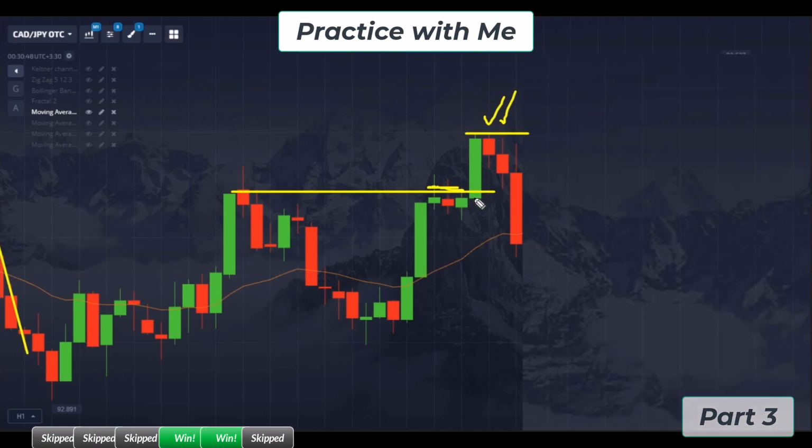So the buyers artificially enter and reach a level where there are a lot of sellers, for the sellers to enter. So there's no excuse for sellers not to enter, and after this exhaustion candle, the sellers can enter. So as I told you, after big candles, we can have reversals.